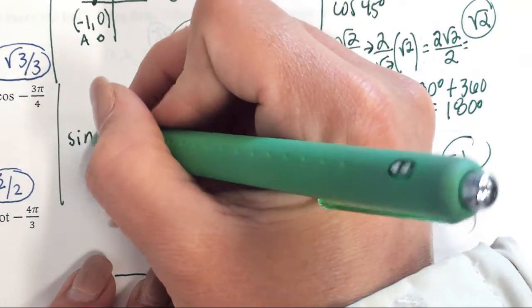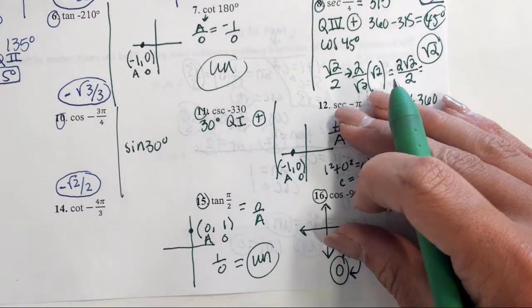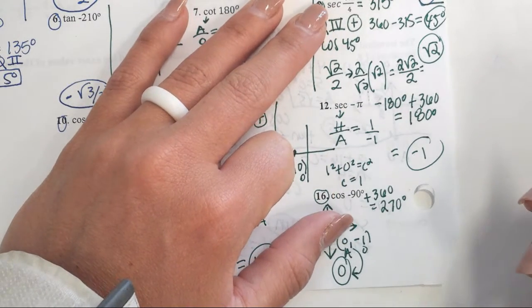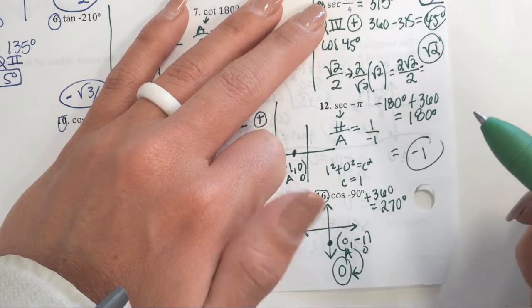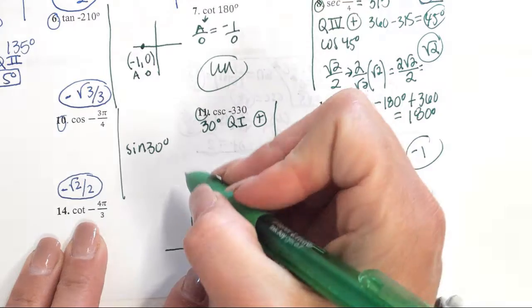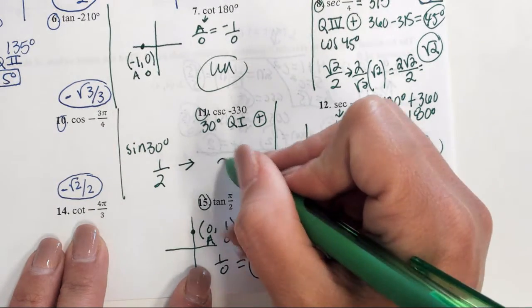Sine of 30 degrees. Which is what finger? Pointer. And which side is sine? Thumb, so it's square root of 1 over 4, which is 1/2. So our answer is 1/2.